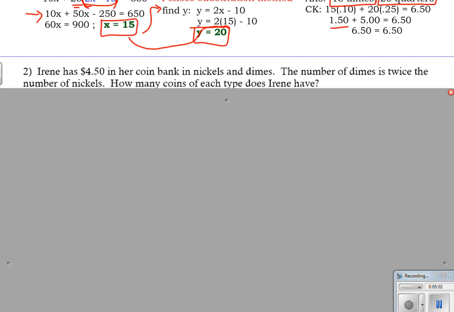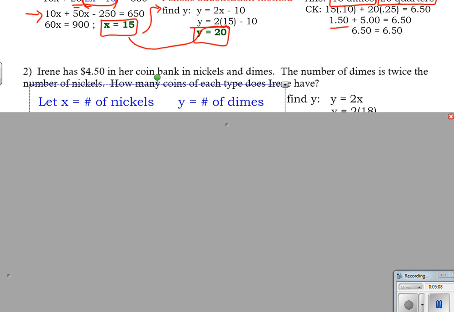Irene has $4.50 in her coin bank in nickels and dimes. So my let statement will include nickels and dimes. Here's my let statement. Now, if you wanted to say N for nickels and D for dimes, that's perfectly fine as well.